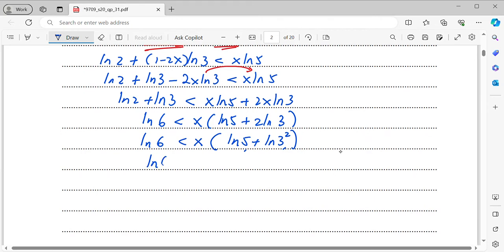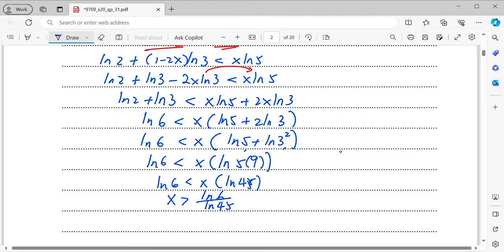So I will get ln 6 less than x times ln of 5 times 9, then ln 6 less than x ln 45. At last, the ln 45 will be moved to the other side, which means x is greater than ln 6 over ln 45. So this is the exact value.